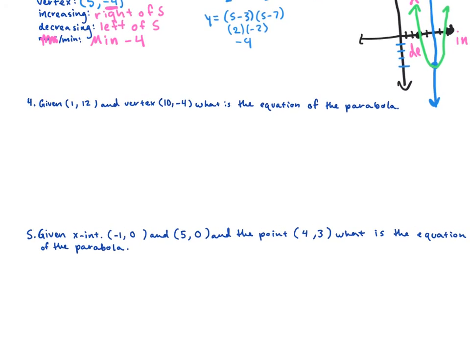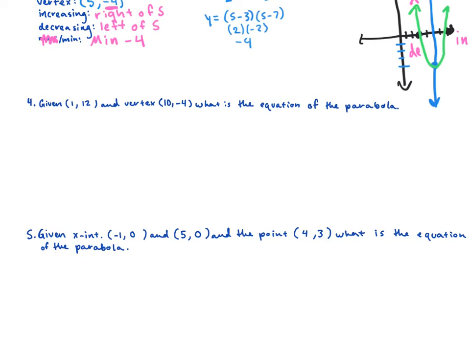We need to find the equation of the parabola. The first one gives us a point and the vertex. So are we going to use our vertex form equation, standard form, or intercept form? Vertex form.